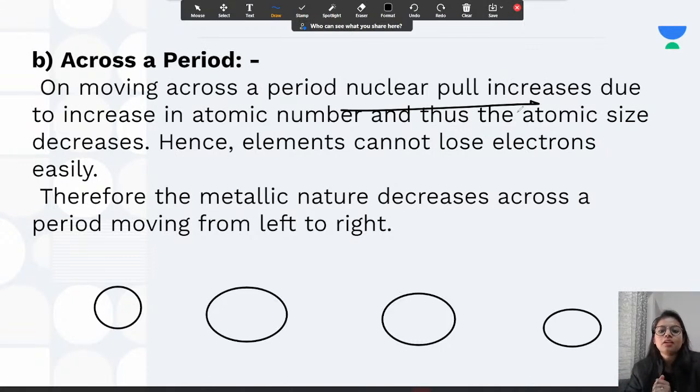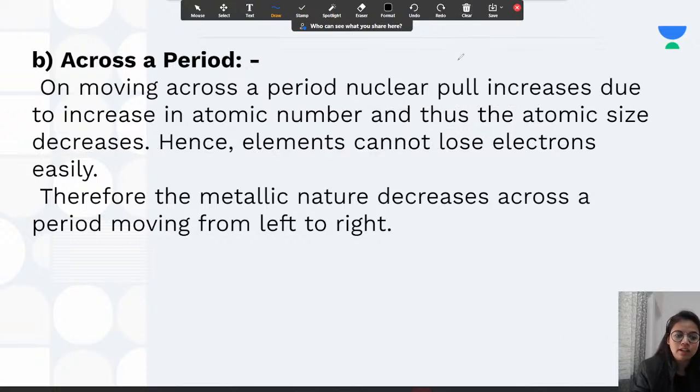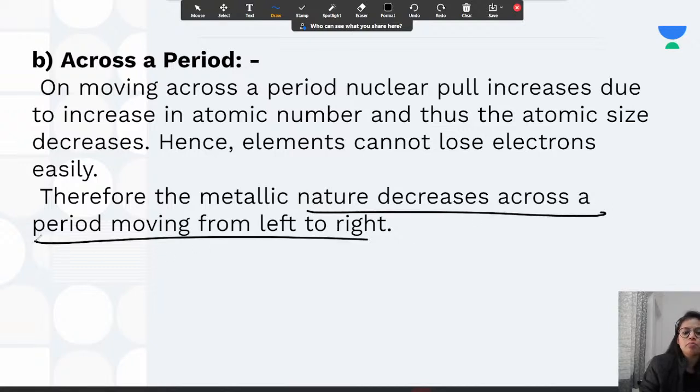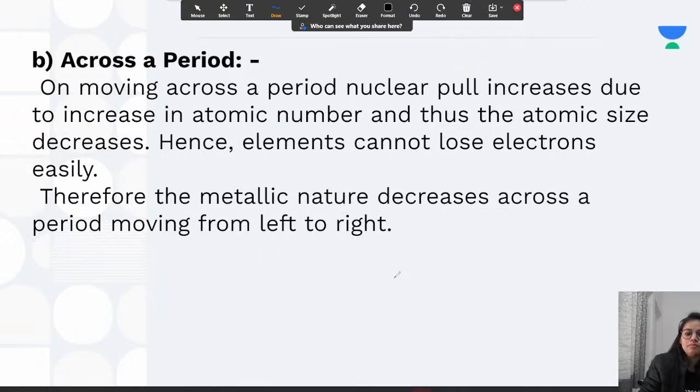So what is happening to atomic size? It is decreasing. Because of this atomic size decrement, electrons cannot be lost easily. So the metallic character will be decreasing across a period when we move from left to right.